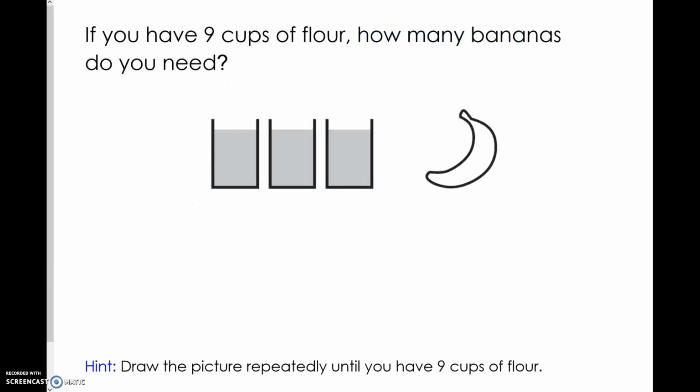If you have 9 cups of flour, how many bananas do you need? Let's start again. Remember, the order is important in ratios. If we consider flour first and bananas second, in the picture we can see that we have 3 cups of flour per 1 banana. We want to know how many bananas we will need if we have 9 cups of flour.